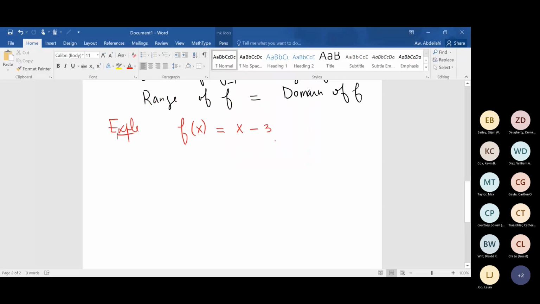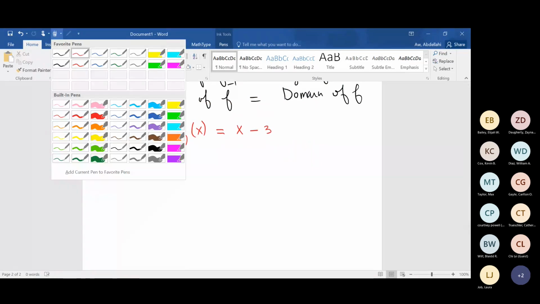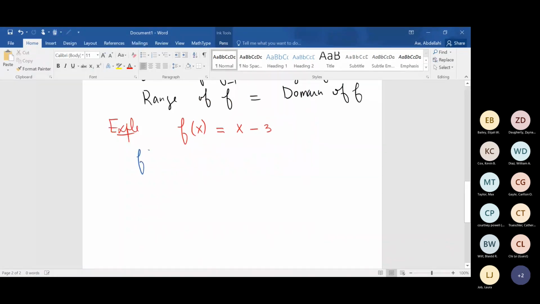So look, how much is f of 5? Everybody, how much is f of 5, for instance? F of 5 is 2, right? F of 5 is 2. So how much then is f minus 1 of 2?